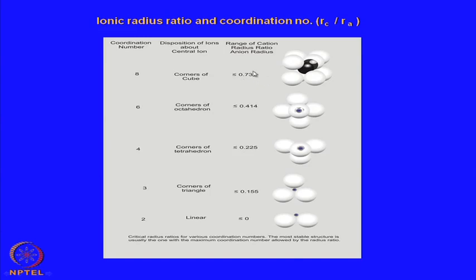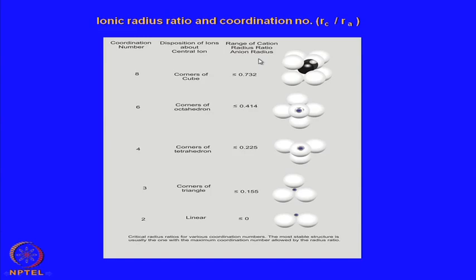0.732. At 0.732, it will change from sixfold to eightfold coordination, and beyond that the eightfold coordination will remain constant until RC by RA becomes 1.